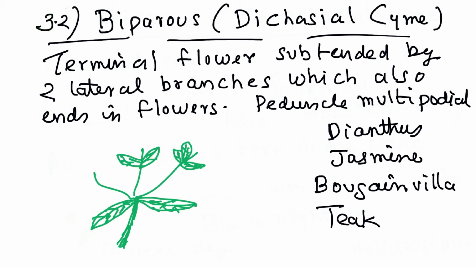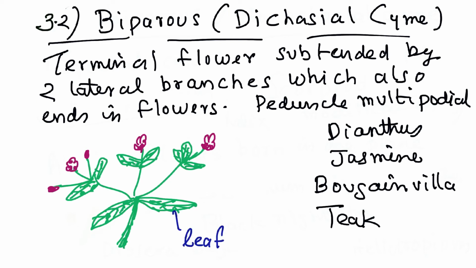So that's a key point, and this is the characteristic feature. So to reiterate, you have a terminal flower which is subtended by two lateral branches, which also end in flowers. So the diagram easily shows what we are discussing here.